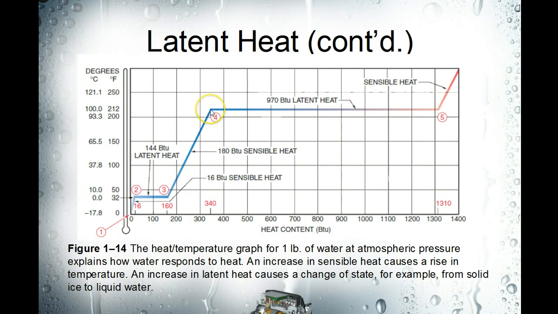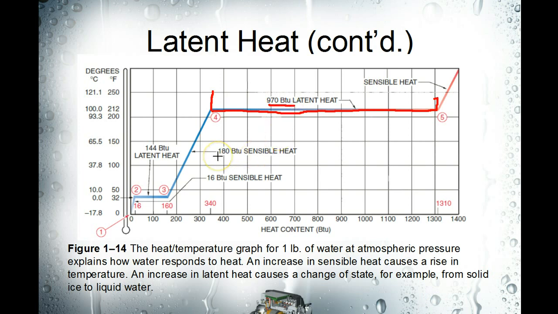Okay, once we get up to the point where the water begins to boil, it's changing state. So this is when we start to get into the latent heat zone, and that 1 pound of water, as it's boiling off into vapor, requires 970 BTUs of latent heat.